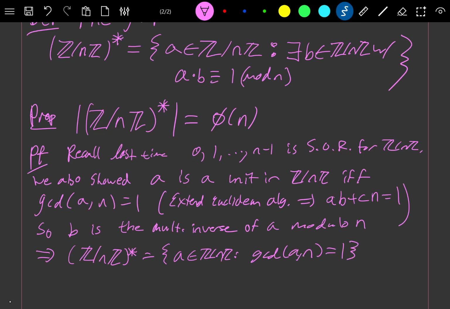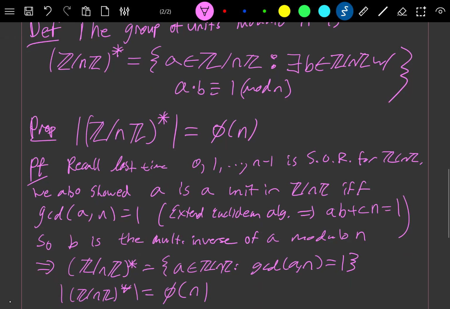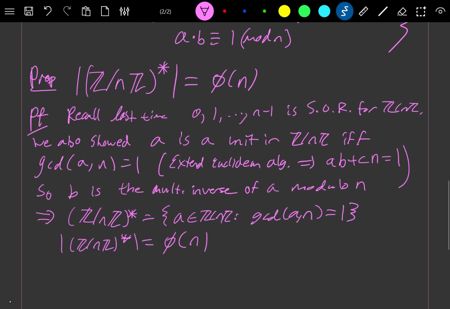And the size of this set, just by definition of the Euler-Totient function, is the Euler-Totient function. So we've just related the group of units modulo n to the Euler-Totient function.